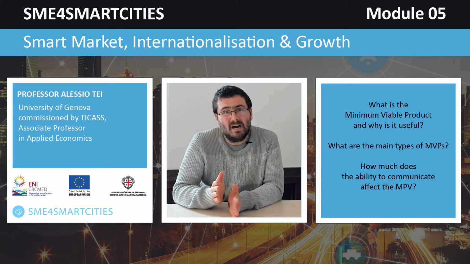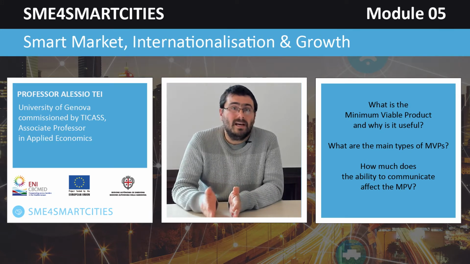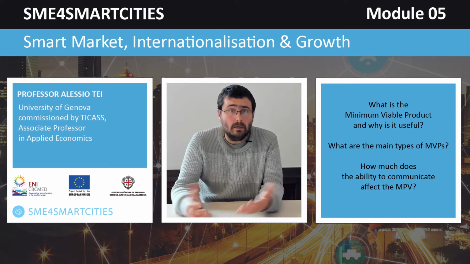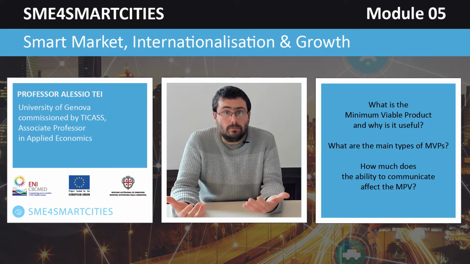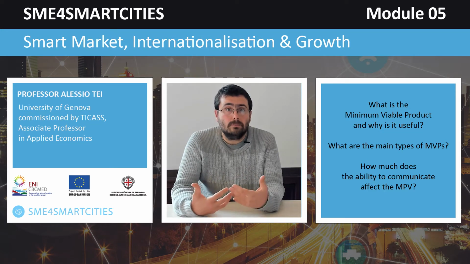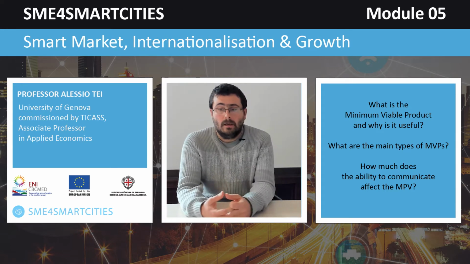As such, it is a really key element in any innovation process, especially when you are transitioning towards a new way to consume, a new way to produce, a new way to distribute what you are producing.